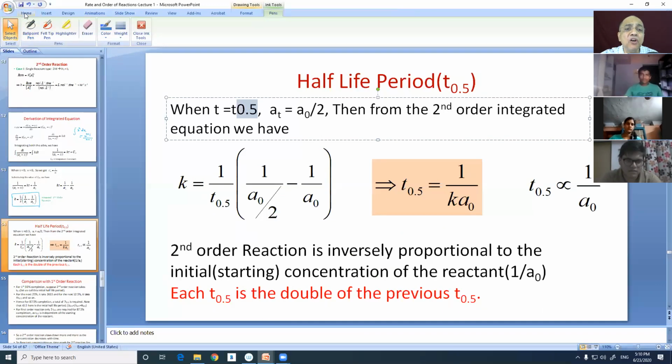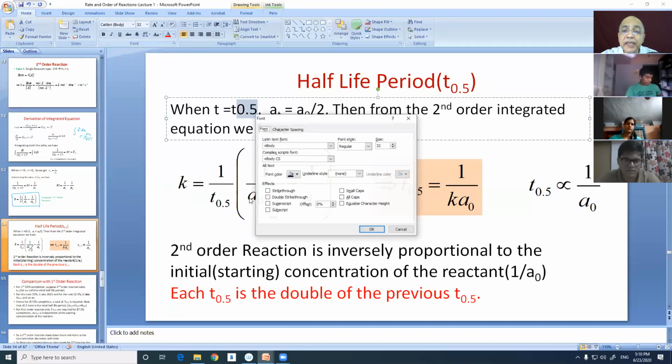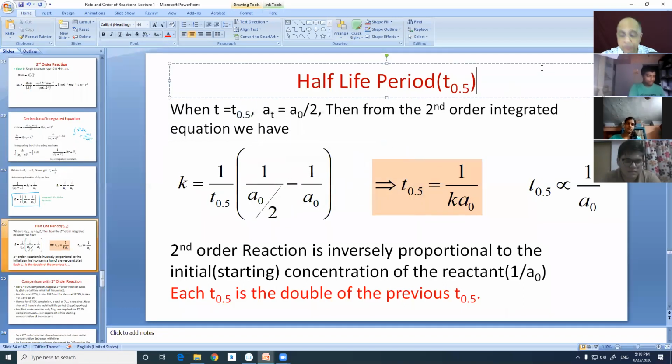So when t is equal to the half-life period, at will be half. Half will go and half will remain. Substituting that value, in place of t you write t 1/2, and in place of at you write a0 by 2.